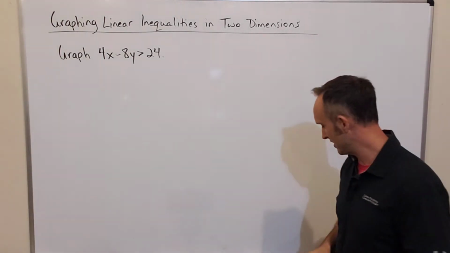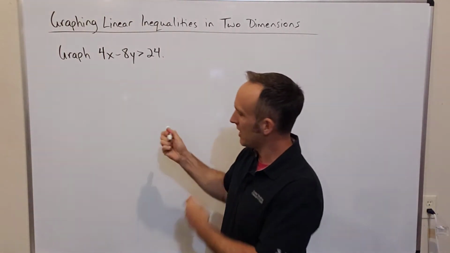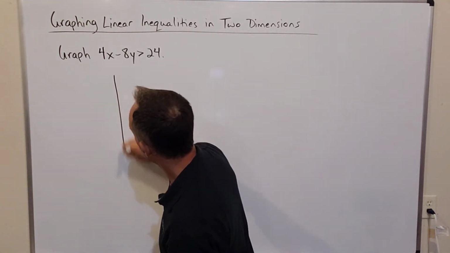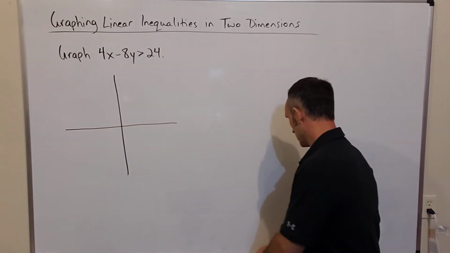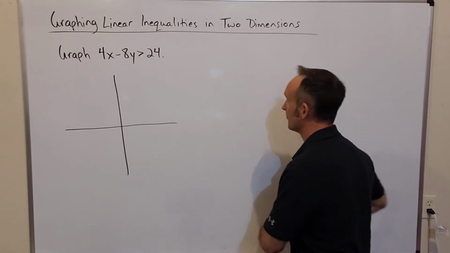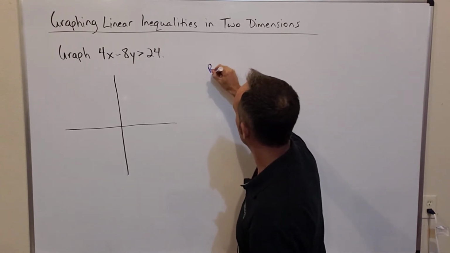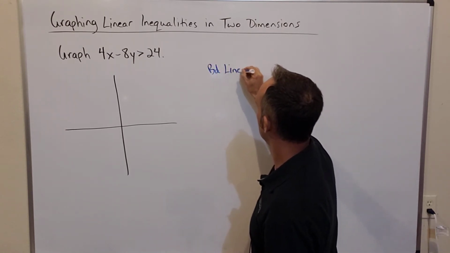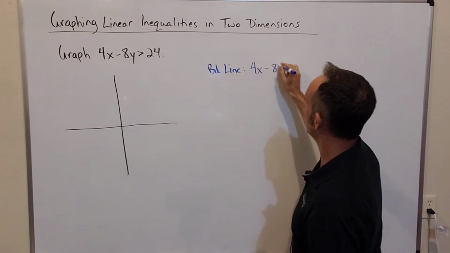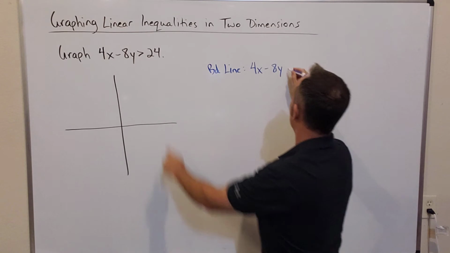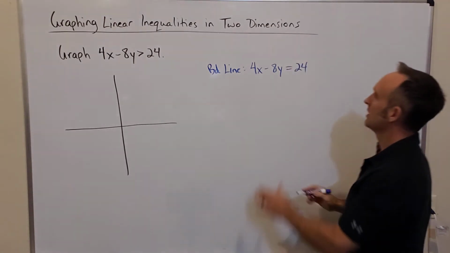I'll do it that way in a second, but because it's not in slope-intercept form, the easiest thing to do is when you look at your boundary line, our boundary line is made up of the equation 4x minus 8y equals 24.